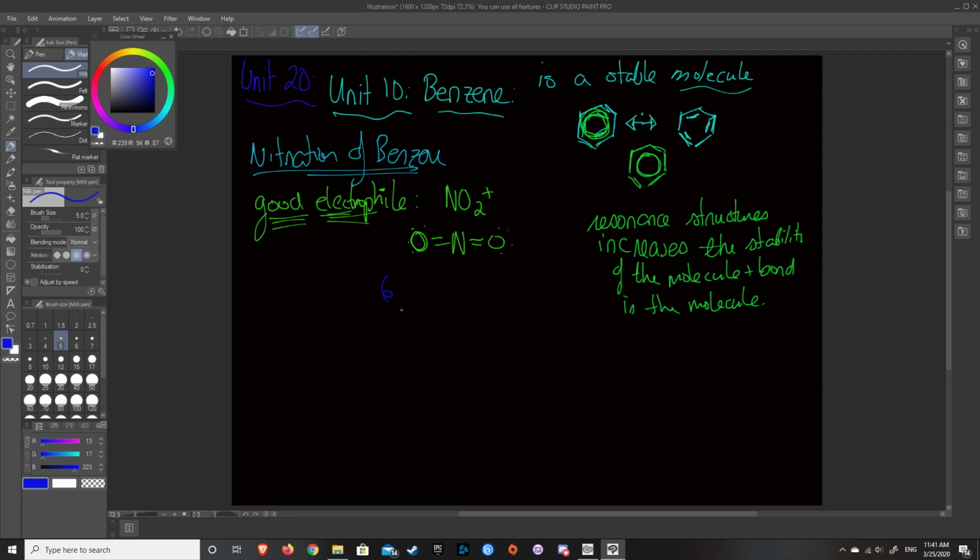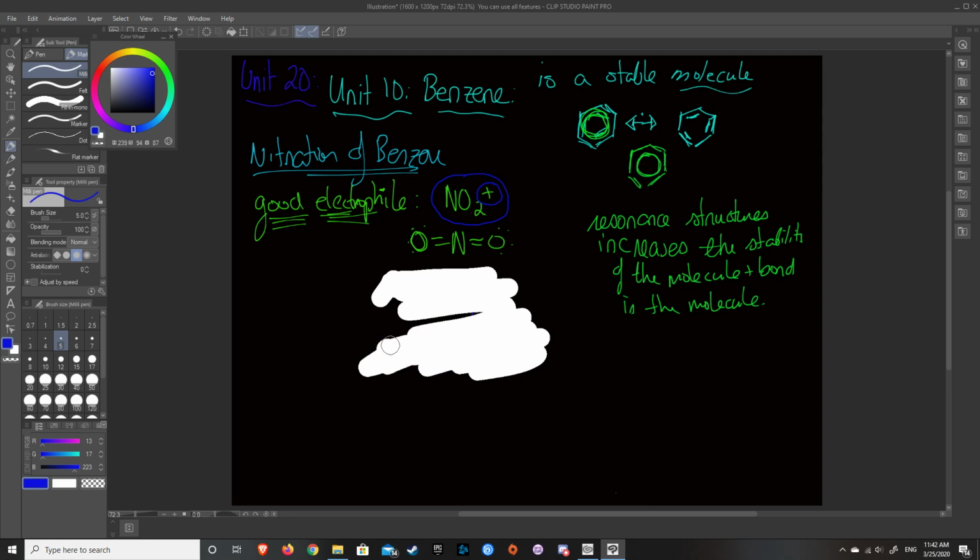Oxygen typically has 6 electrons, minus the amount of lone electrons, 1, 2, 3, 4, minus half of what's in the bond, 1, 2. So it's got a formal charge of 0. This one's in the same state, so it has a formal charge of 0. And nitrogen typically has 5, minus the lone pairs, which is 0, minus half of the bonding electrons, which is 4. So it's got a formal charge of +1. So that's why this NO2 ion has the +1 charge, because its overall formal charge is +1.